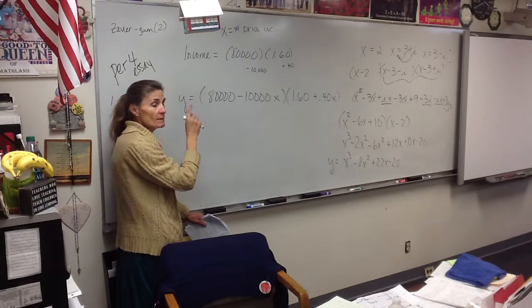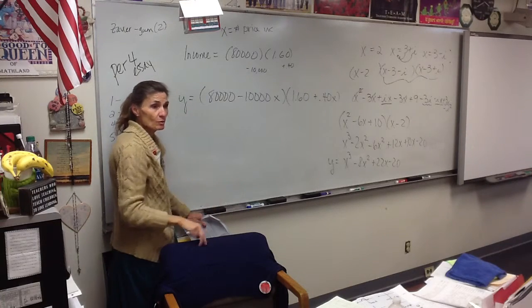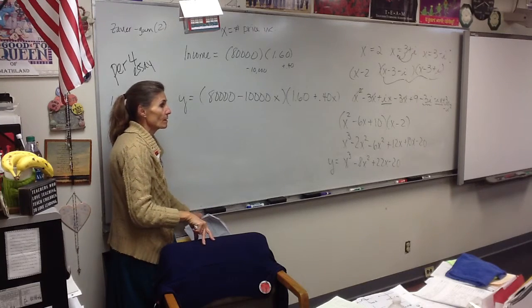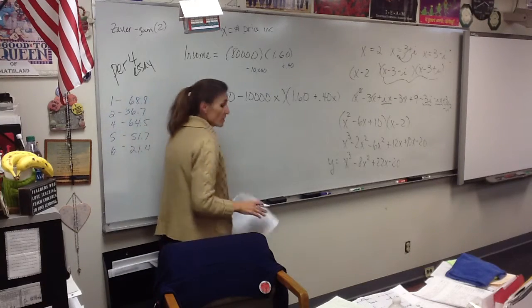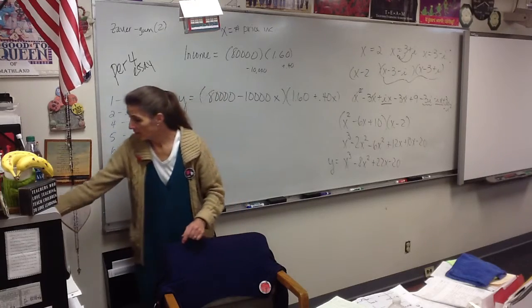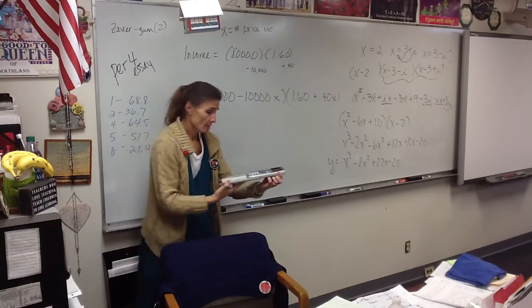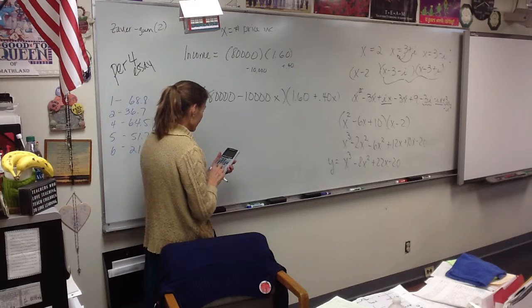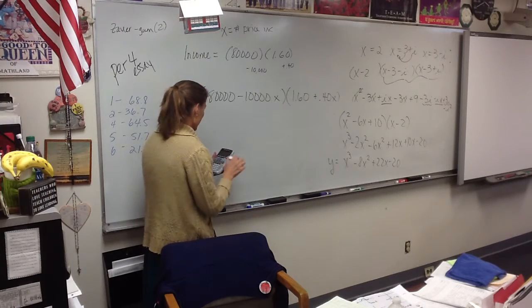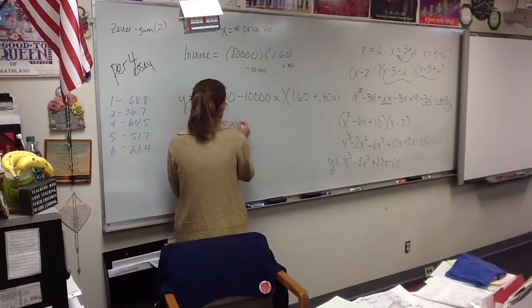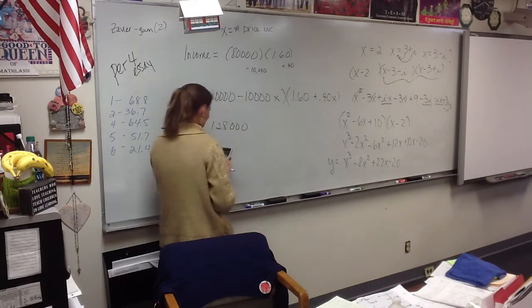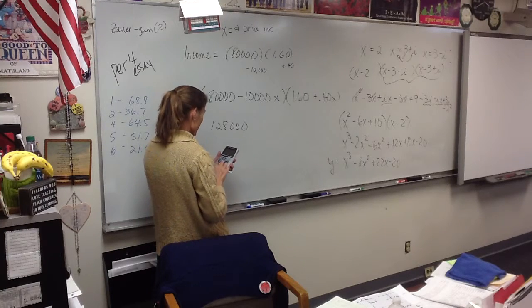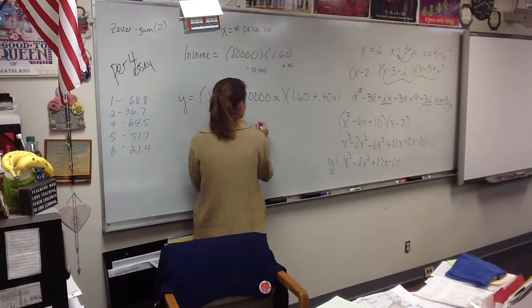We want our income to be as big as it could be, so what am I going to do? I'm going to FOIL it out with the intent of finding what? The vertex, the maximum. So 28,000. This test will be part calculator, and obviously you would have a calculator with numbers like this.